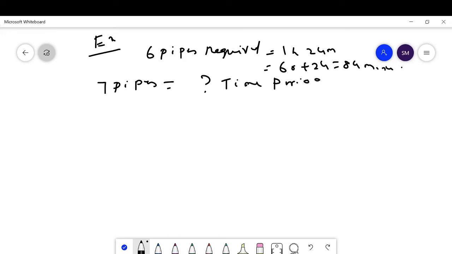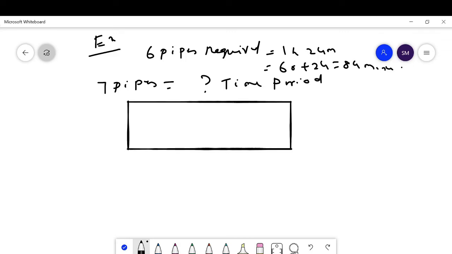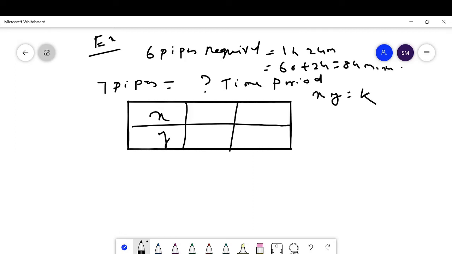Then this is inverse variation. Make the table. Here this is x and y. As we know, for inverse proportion, xy equal to k constant. Here x is the number of pipes and y is the time period.